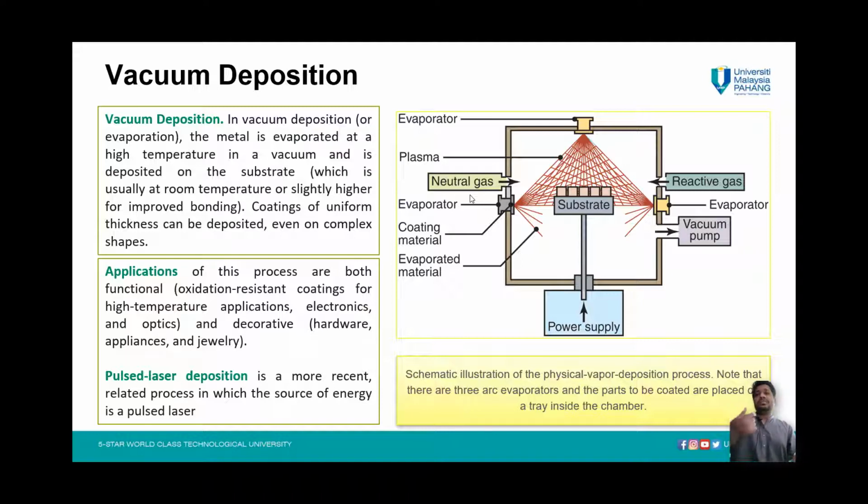That coating material put on the cathode is evaporated by several evaporators, as you can see, using highly localized electric arcs produced with the help of an electric power supply. The arcs produced are highly reactive plasma, which consists of ionized vapor of the coating material.